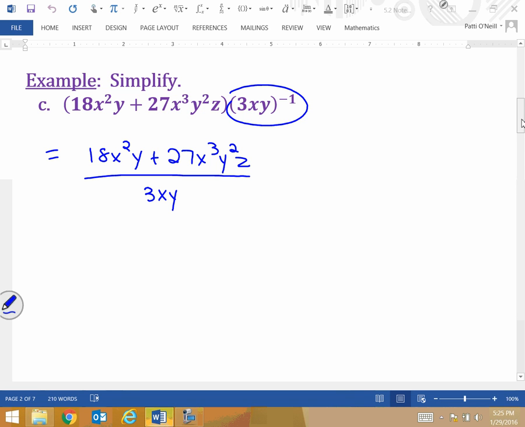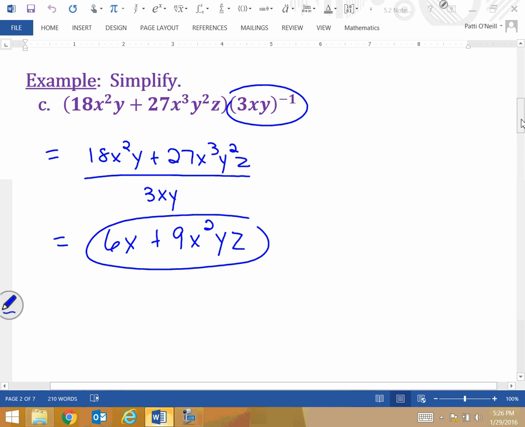So I don't need to parenthesize and raise it to the 1st power because to the 1st power is not really going to affect anything. So I now have a polynomial being divided by a monomial, and I can reduce this to 6x plus 9x squared y z.